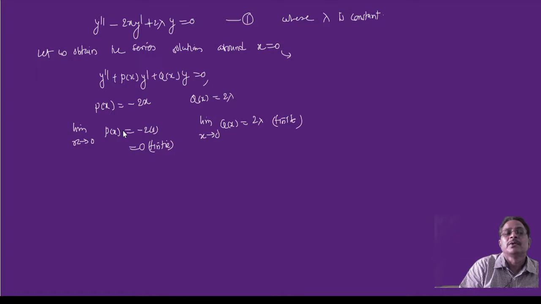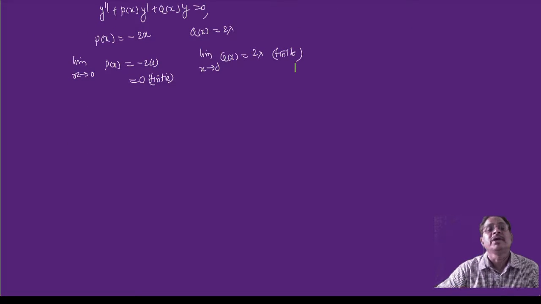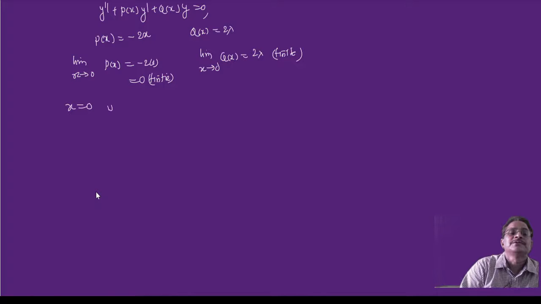That is how both p of x and q of x remain finite when we substitute x by x0, or x equal to 0. That's why x equal to 0 is an ordinary point of the Hermite differential equation.